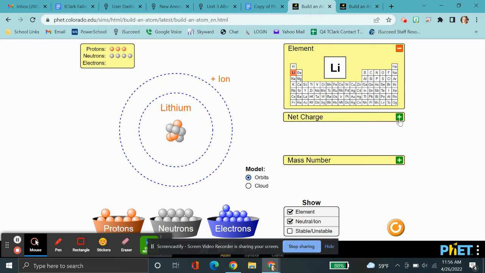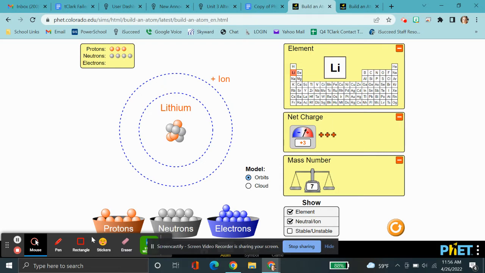Okay, so there's your answer there. And then we're going to take away a proton to answer 4B and add 2 protons to find answer 4C.